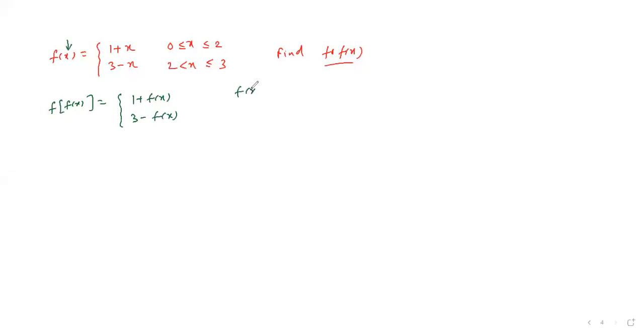So here f(x) is greater than or equal to 0, less than or equal to 2. Here f(x) is greater than 2, less than or equal to 3. Guys, how do you identify? What is this written actually? f(x) between 0 and 2. What does it mean? 1 plus x. No, no. f(x) is between 0 and 2 means what?